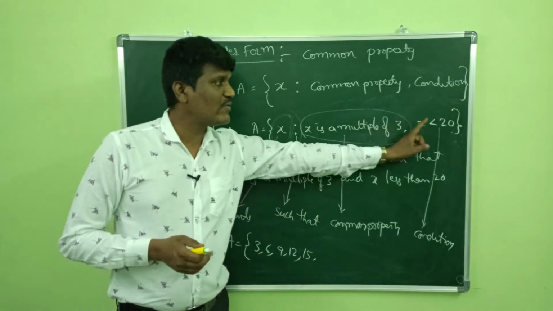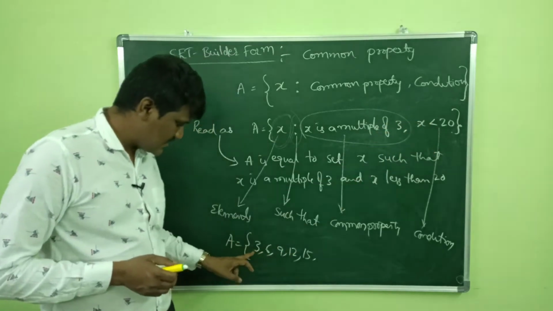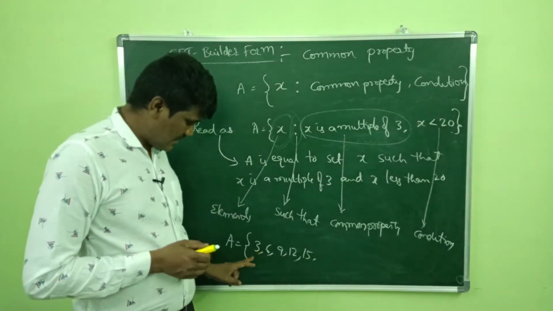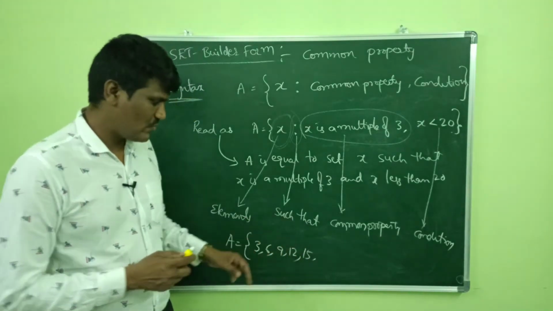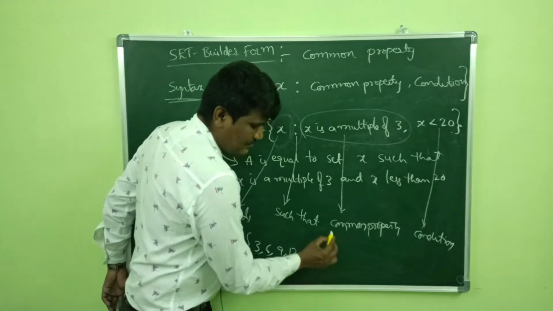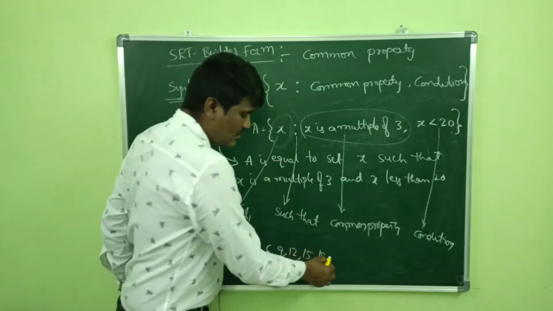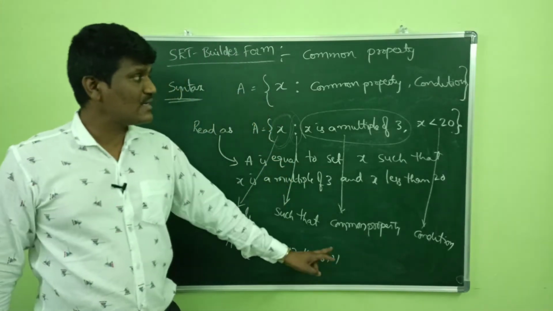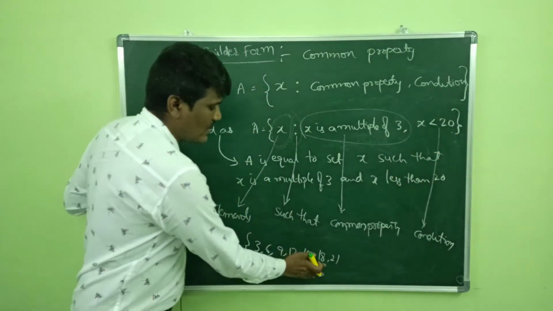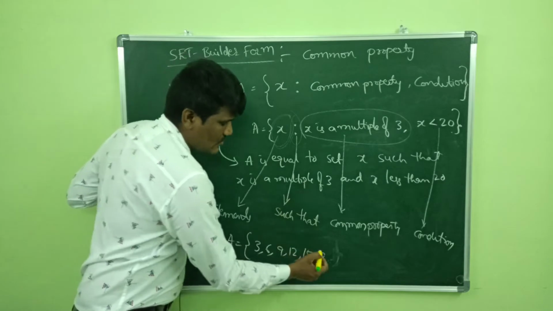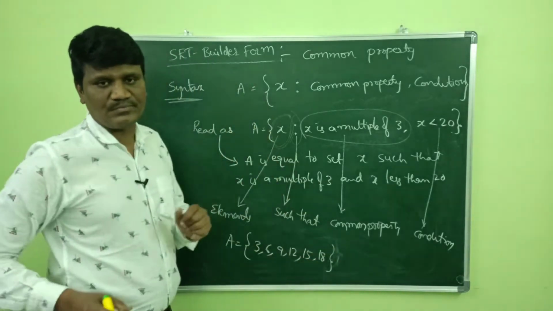But here they have given a condition. This is all x, right? Everything is x. This is x, multiple of 3, x, 15 and 18. Next will be 21, but the condition is given that x should be less than 20. That means 21 will not come here.